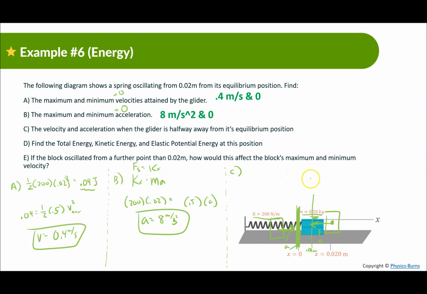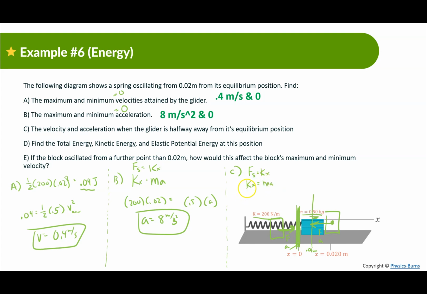And what do we want to find? Velocity and acceleration. So maybe let's find the acceleration first. We're going to use the same thing. The force of the spring is equal to kx. And we also know that the force of the spring, since that's the net force acting on the spring, is going to be equal to ma.